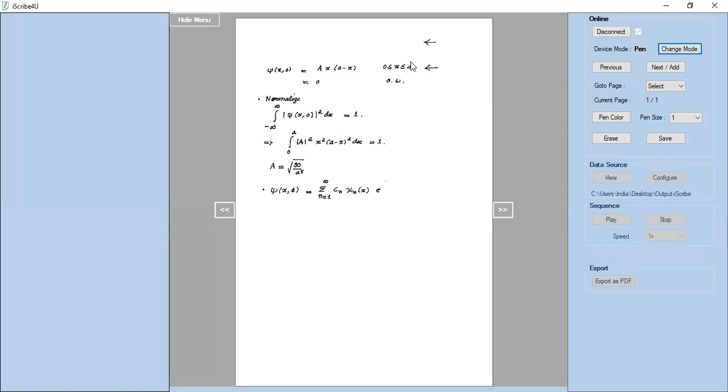And then e to the power of minus i by h cross, E_n t, where these are the energy eigenvalues, right?